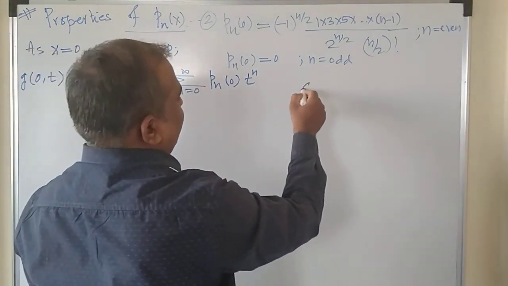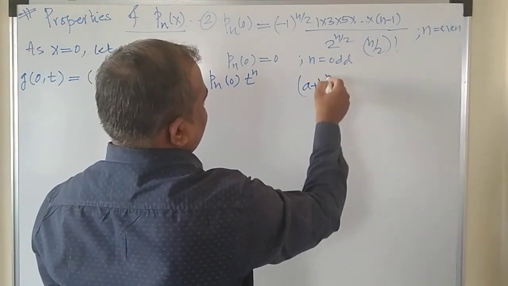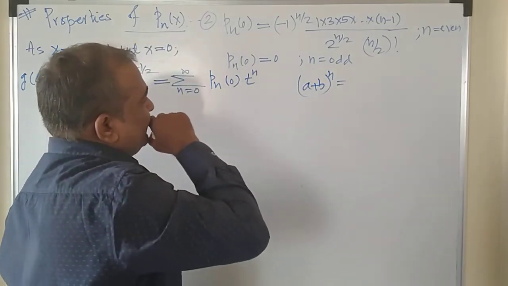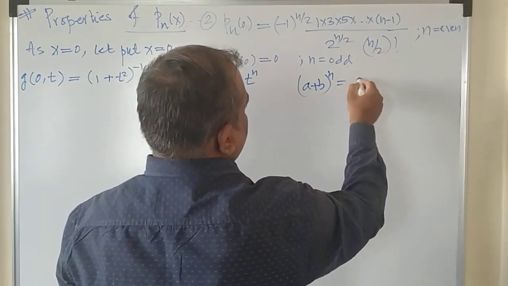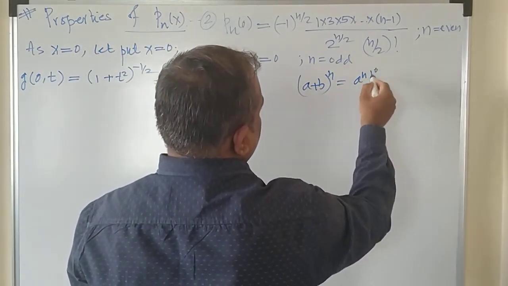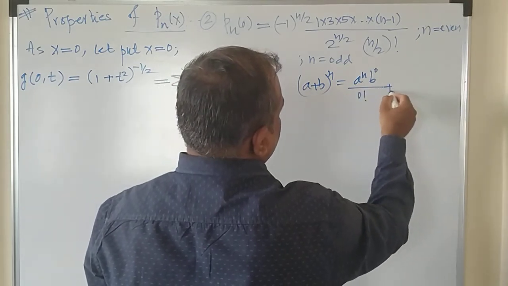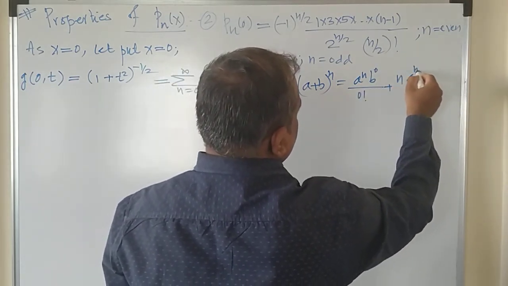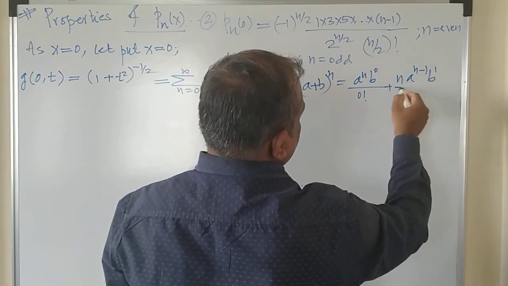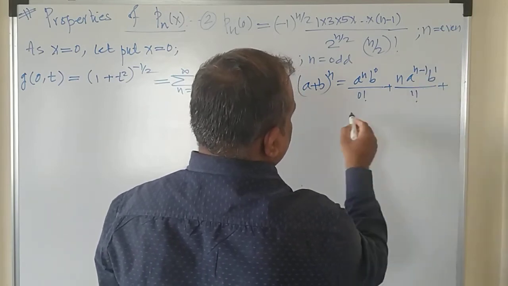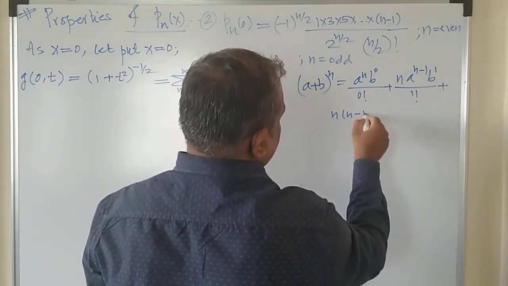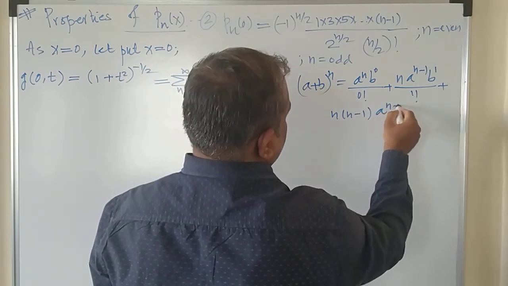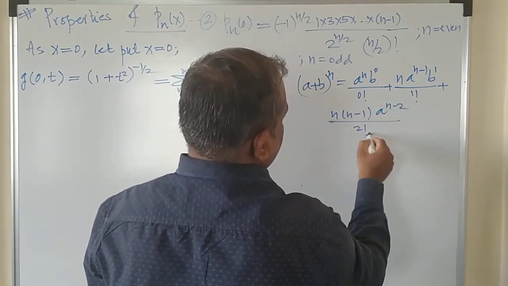Let me write here a plus b raised to power n is equal to a raised to power n b raised to power 0 upon 0 factorial plus n a raised to n minus 1 b raised to 1 upon 1 factorial plus n into n minus 1 a raised to power n minus 2 b squared upon 2 factorial.